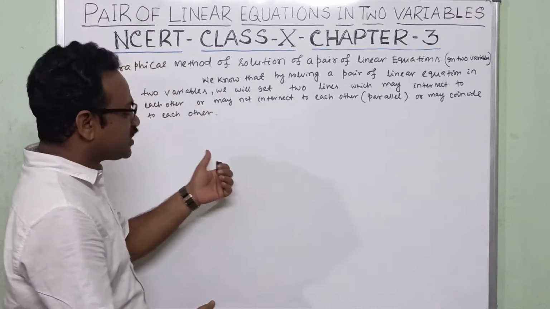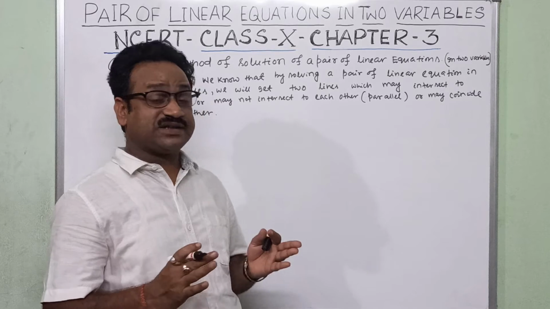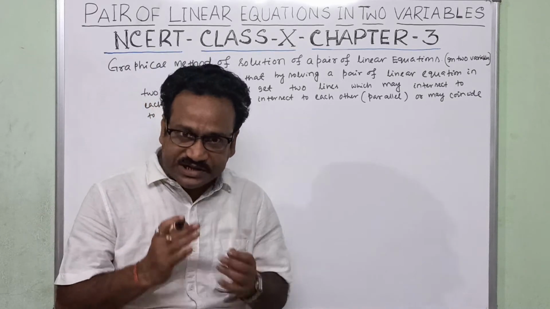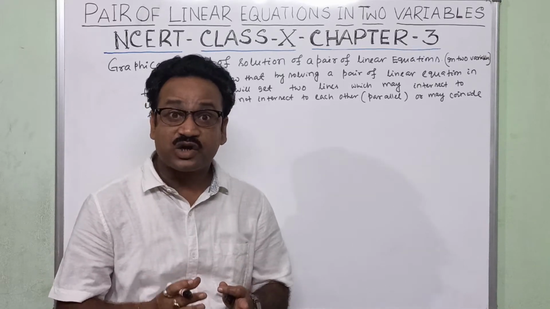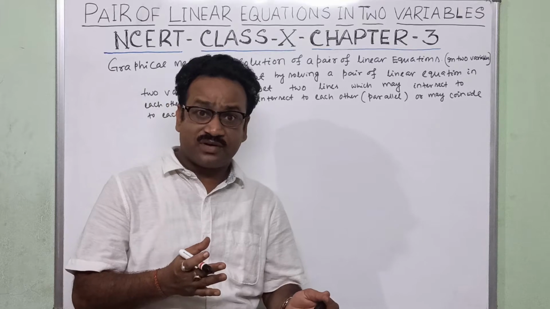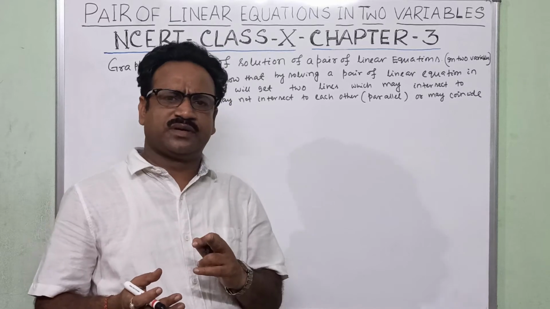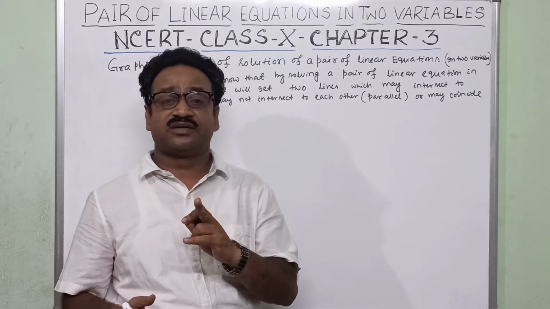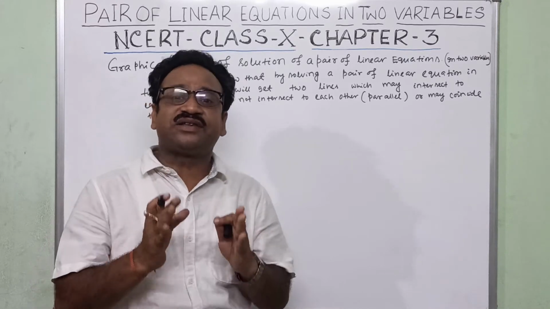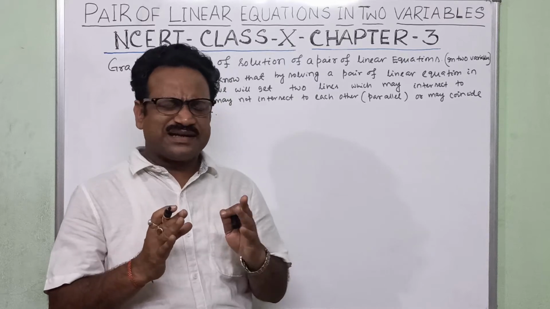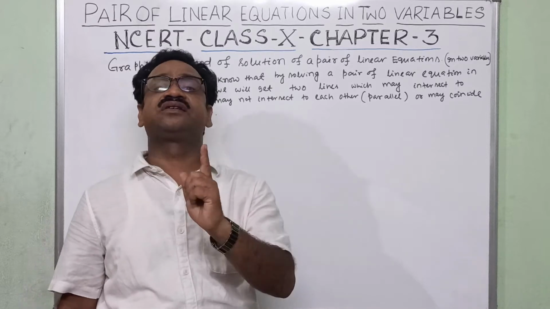Coincident lines. So now here, how can we know that the lines are intersecting, the lines are parallel, the lines are coincident? From the graph. What is the other method of finding it? I will explain. Another thing is that given a pair of equations, is it consistent or inconsistent?